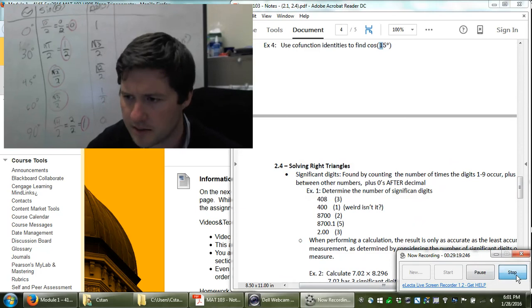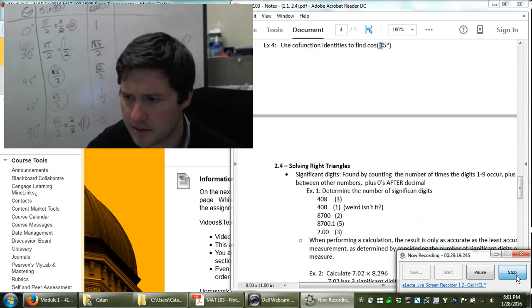I don't know if we can find this. I was thinking of my sum identities, and this is not a sum identity. We can definitely represent this, but we may not be able to actually calculate this value. I don't see how we would.